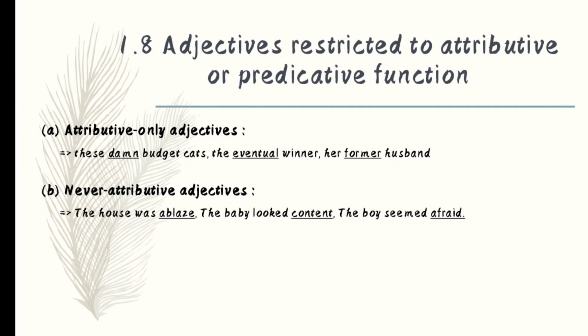In the predicative use, it generally occurs after the verb be or one of a small subclass of similar verbs such as seem, look, and feel, and so on. For example: the house was ablaze. Ablaze is a predicative complement of "was."